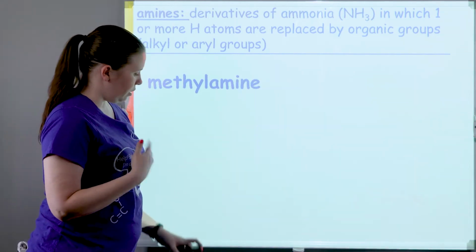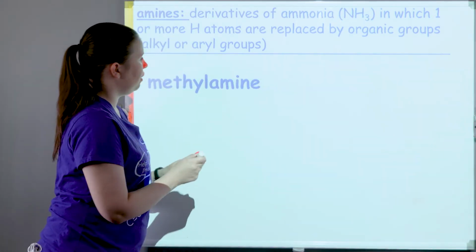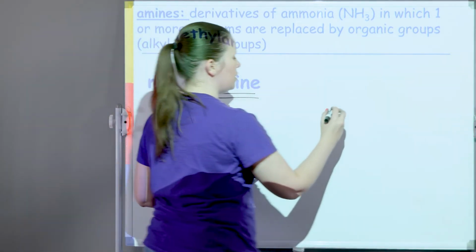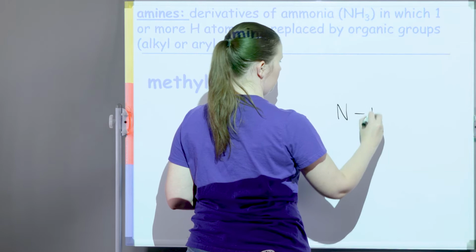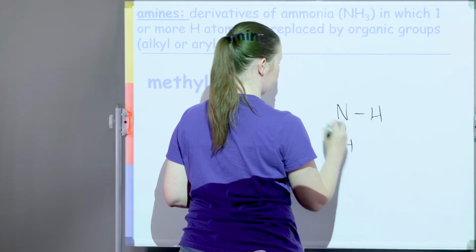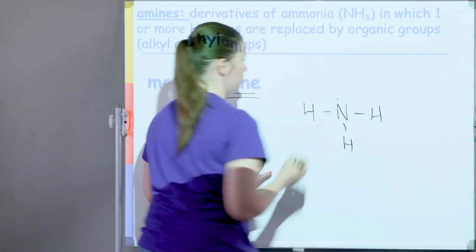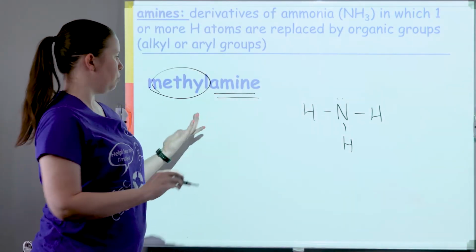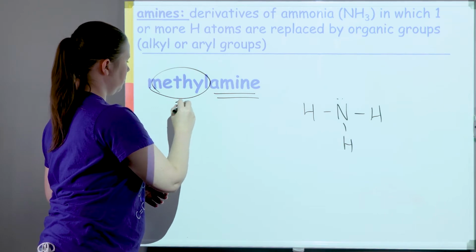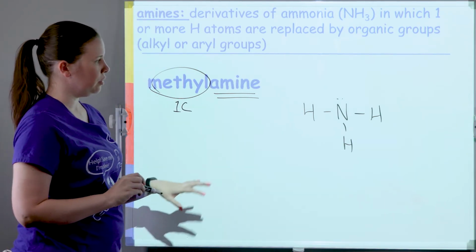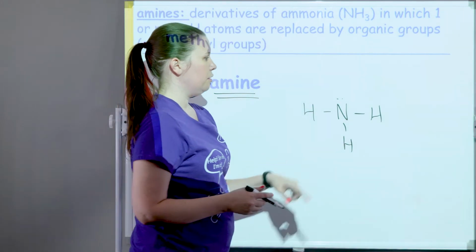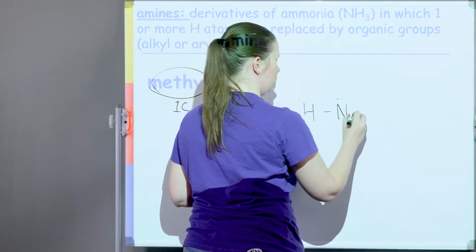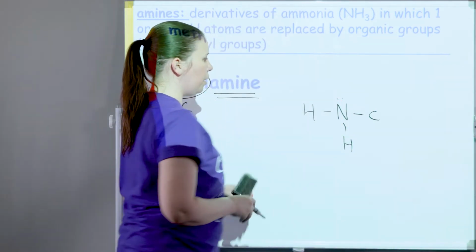So the name to say that you have some version of ammonia is called amine. So that tells me I want to start with my ammonia structure, but I want to add a methyl group this time. As we've seen a bunch of times now, that methyl group means 1 carbon. If I'm going to bring in a carbon, then I'm going to have to remove a hydrogen. Just consider that lone pair off limits.